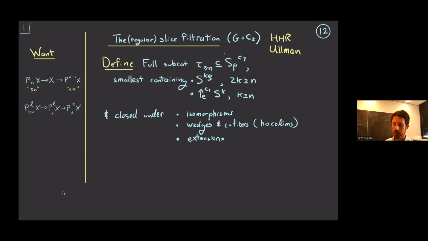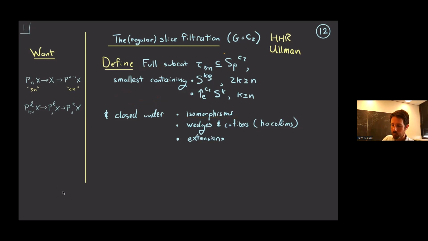There are different ways to talk about it. It's the smallest localizing subcategory containing those, in the sense of triangulated categories. More concretely, you take the smallest full subcategory that is closed under isomorphisms, meaning if you have one thing in the category and something else isomorphic to it, that other thing must be included as well.